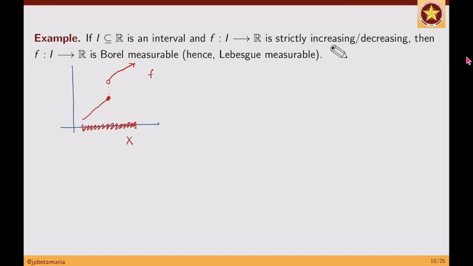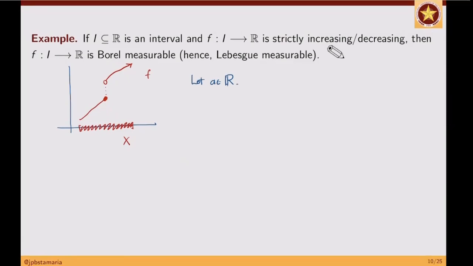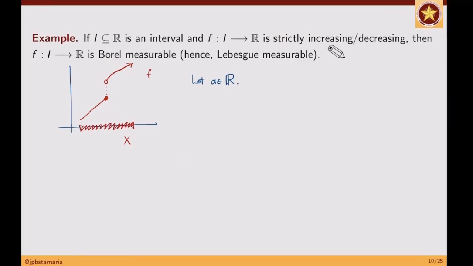So, di ba sabi ko, ang start lagi ito, let A be a real number. You have to show that the inverse image of the open interval from A to infinity is what? Is a Borel set, right?